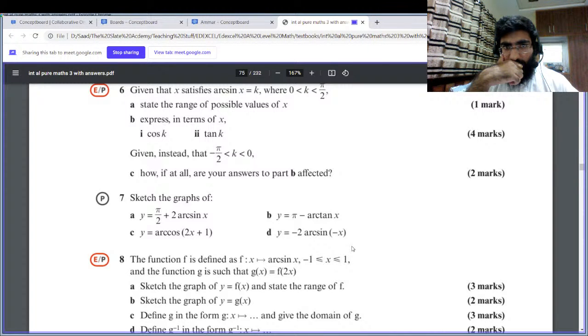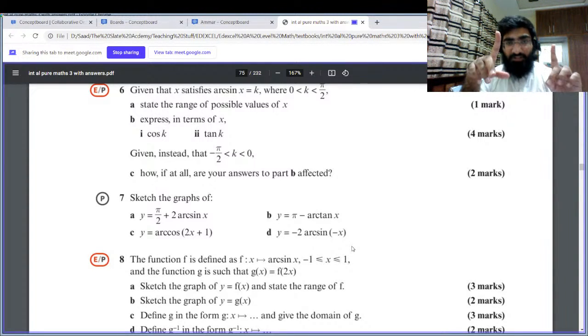Just see, arc sine x is equal to k. Because for all values of sine inverse of x equal to k, we cannot find out sine inverse. So x satisfies arc sine x is equal to k, where k is between 0 and pi by 2. Pi is 90 degrees, right? Right.